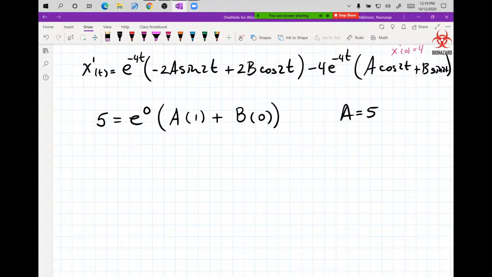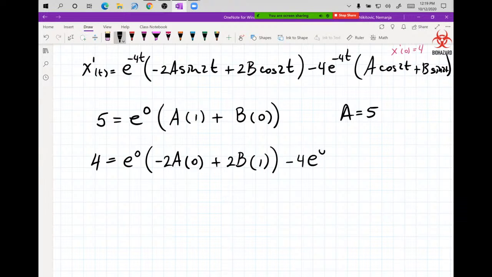Let's go. 4 equals e to the 0, now in this case, I have negative 2a sine of 0 is 0 plus 2b cosine of 0 is 1, minus 4 times e to the 0, now a is 5 times cosine of 0 is 1 plus b sine of 0 is 0.